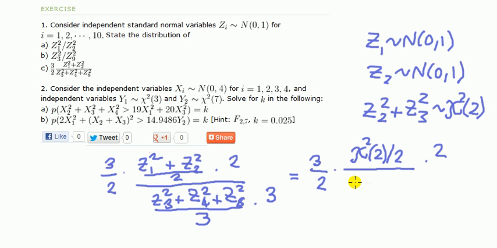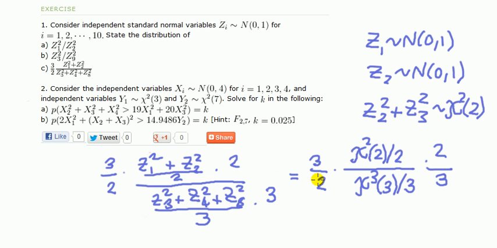The bottom is a chi-square 3 divided by its respective degrees of freedom 3, but we multiply the bottom by 3 as well to balance it out. These two chi-squares are independent because the Z's here do not share any common Z's, and therefore this bit is an F 2,3 distribution.